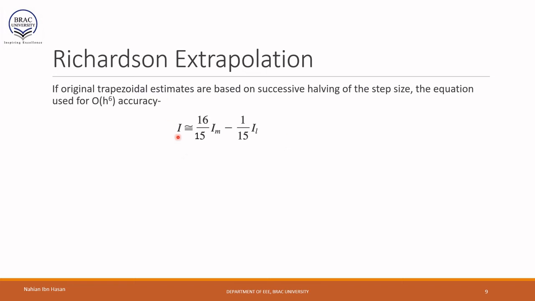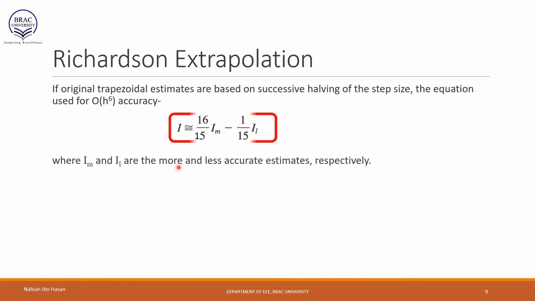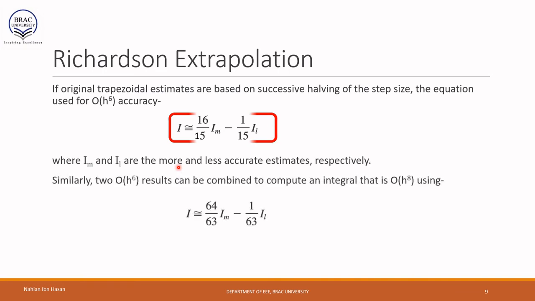Similarly, if I have two quantities with different step sizes, and both of those methods have an order of accuracy of 6, and I combine those results with the Richardson extrapolation, I will get a far better approximation which has an order of accuracy of 8. So by successively substituting the results from the previous step, I can get a far better result.